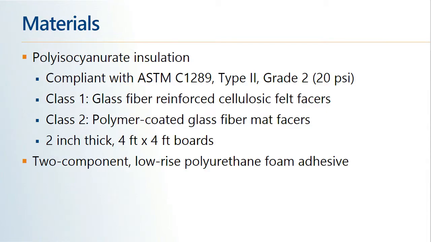Again, 2-inch thick boards, a very common thickness used in the industry, and then that 4 foot by 4 foot dimension on the boards. And then the adhesive that would be used was a 2-component low-rise polyurethane foam adhesive. All the materials used in the presentation were sourced from a single manufacturer, so their guidelines for application were followed when we were putting the sampling together for the testing.